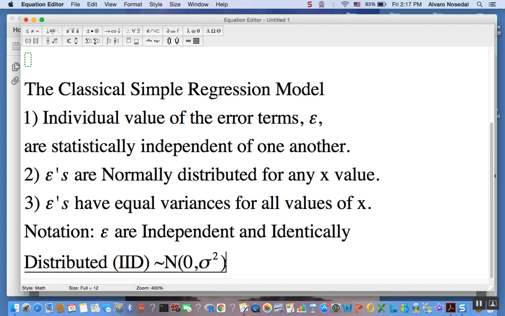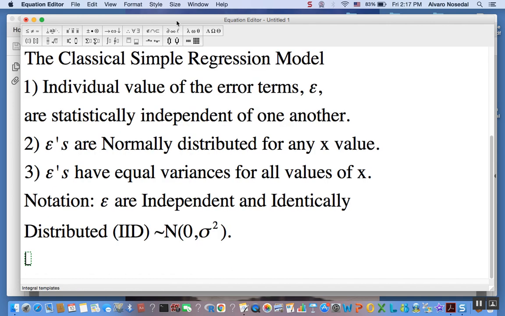That sigma square is the same regardless of the value of the predictor variable x.